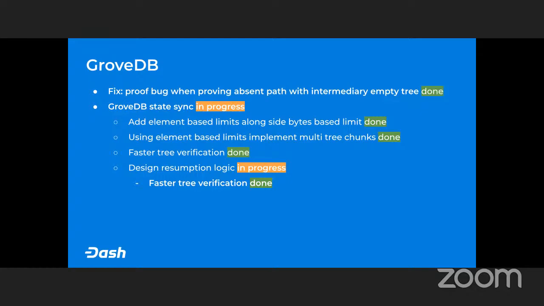So the multi-tree chunk is like a line that goes from the top all the way down to the bottom. It touches different parts of mercs, and you need to do it in such a way that the lines don't overlap. And that is where the element-based limit now comes in.